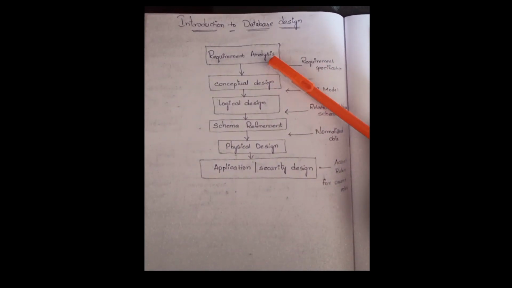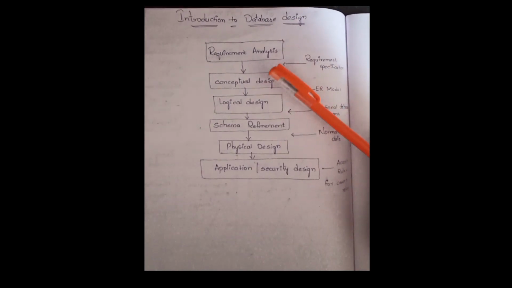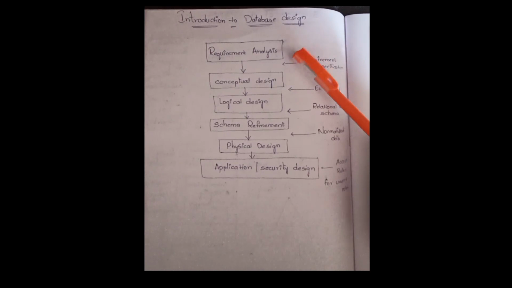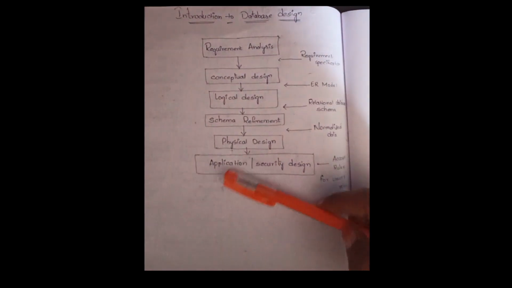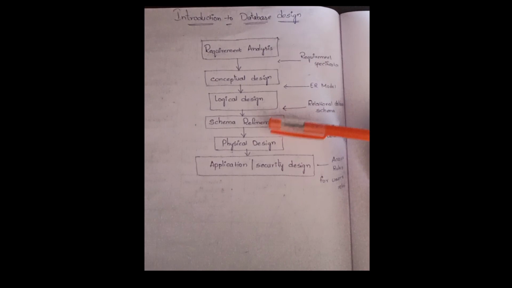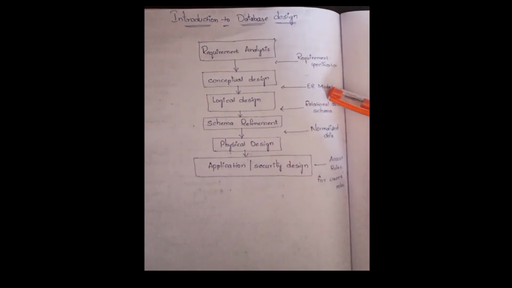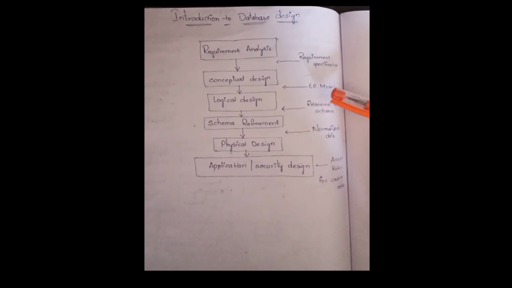After collecting the requirements, these requirements are organized and represented using some suitable tools, and they are given as input to the conceptual design. Understood? During this step, requirement specifications are converted into an ER model or any other similar high level conceptual database design model.